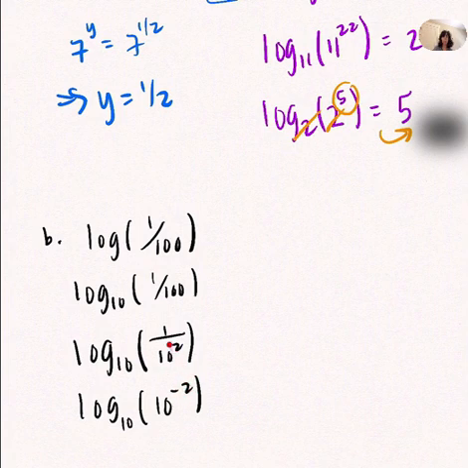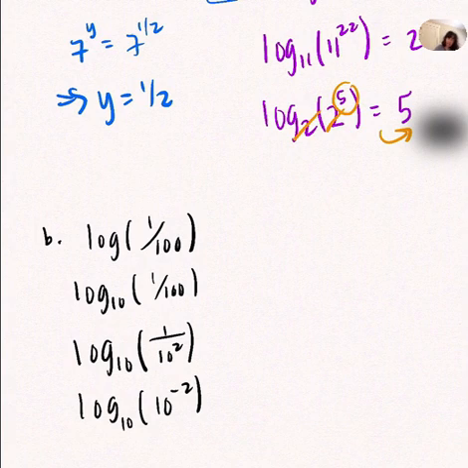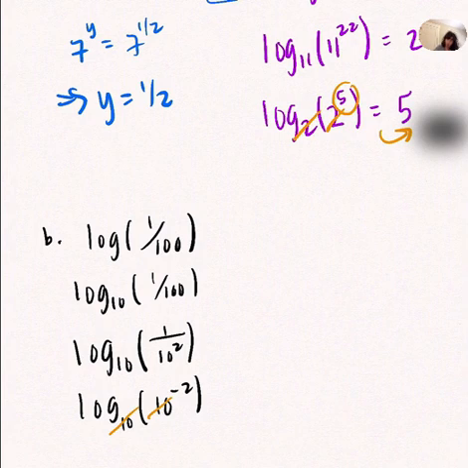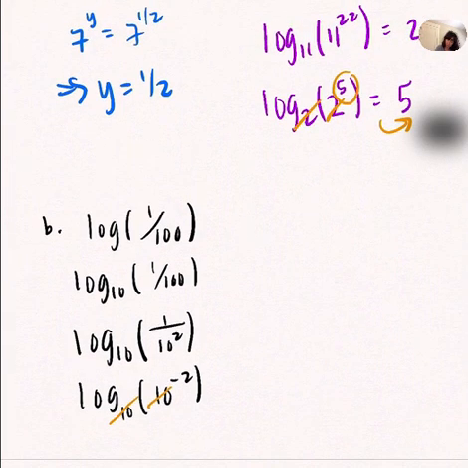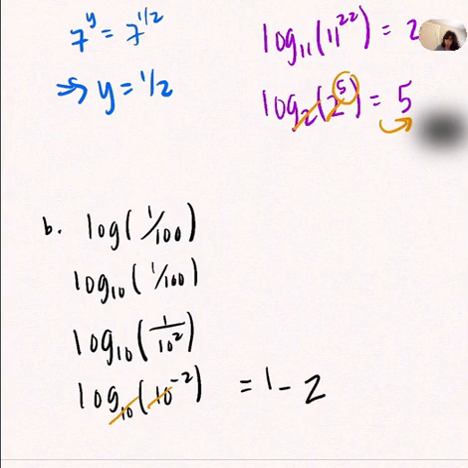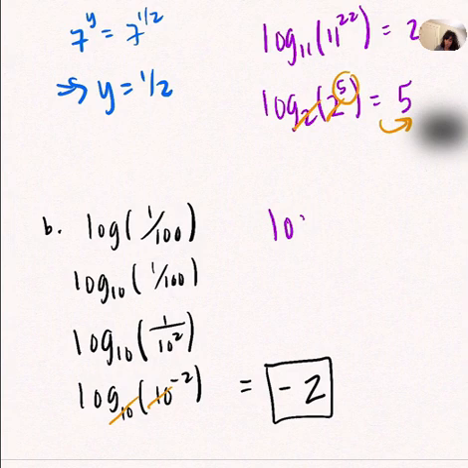That's an algebra property. And from here, you can think of these as canceling out, and then the answer is just negative 2, based on the property that says log base A of A to any number equals that number.